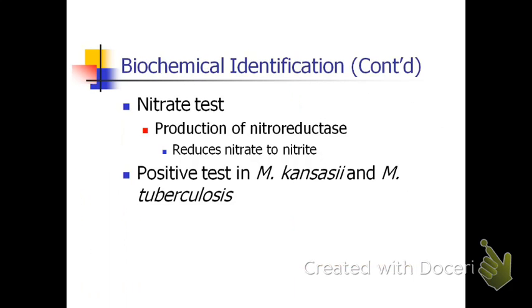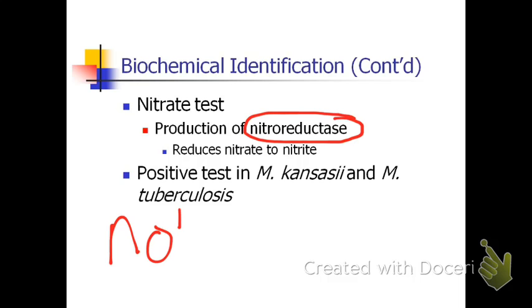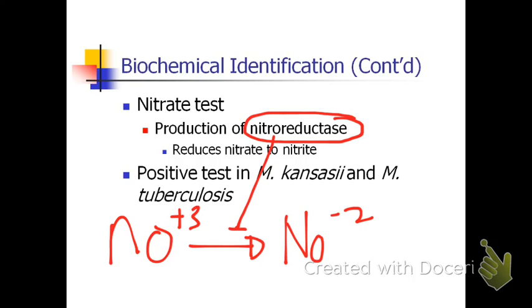Okay, another biochemical test is the nitrate test. The nitrate test involves another enzyme, called nitroreductase, which reduces nitrate to nitrite. So this enzyme is responsible for this reduction, and it is positive for Mycobacterium kansasii and Mycobacterium tuberculosis.